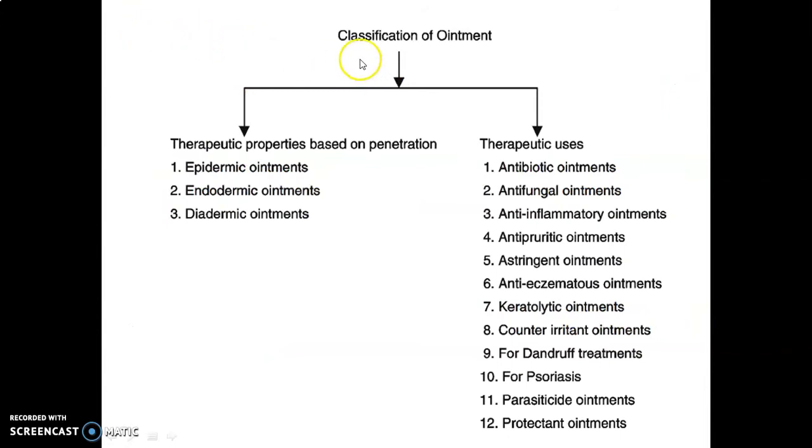So we will discuss the classification of ointment in detail. There are two classes: therapeutic properties based on penetration, and the second class based on therapeutic uses. Based on penetration, ointments are classified into three types: epidermic, endodermic and diadermic ointments, according to the layer of skin.